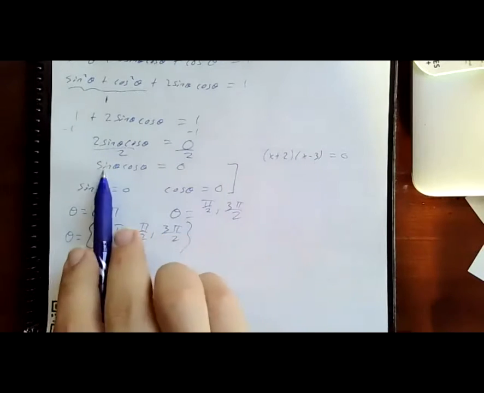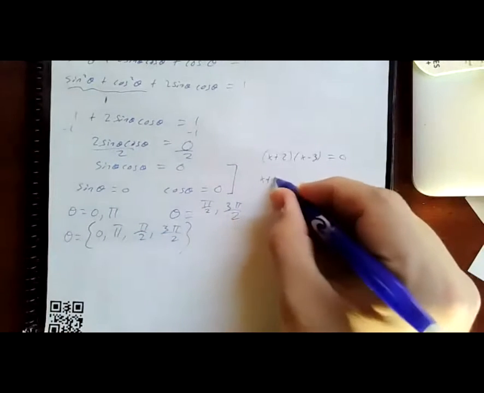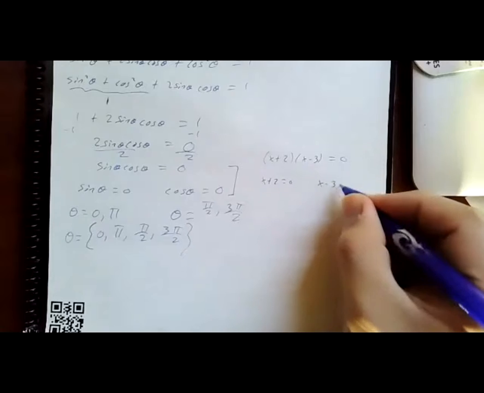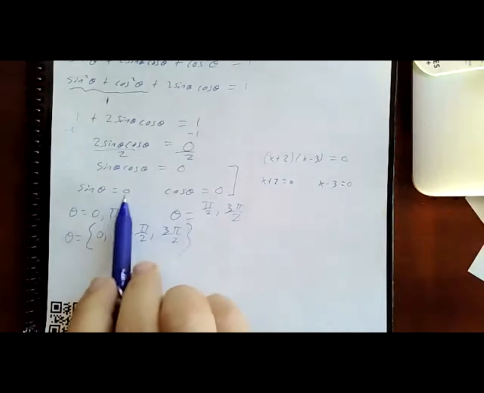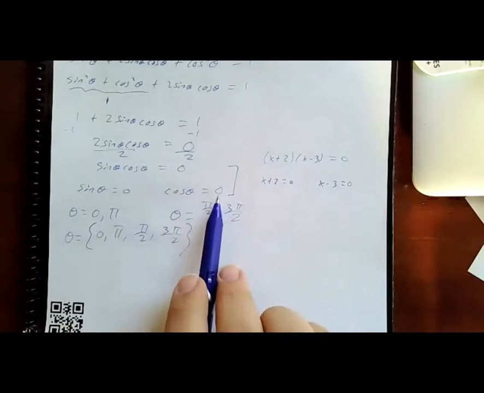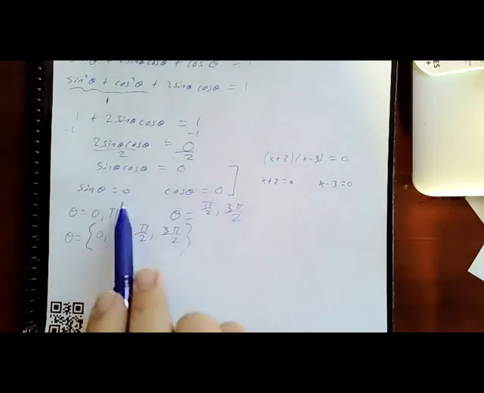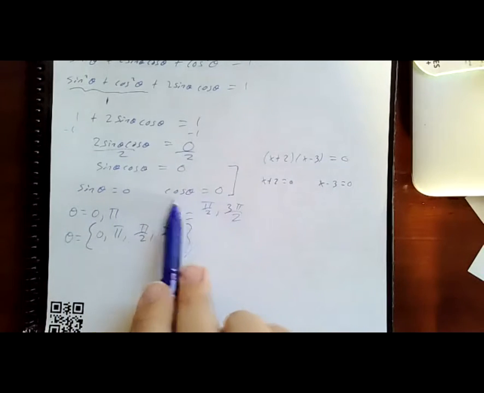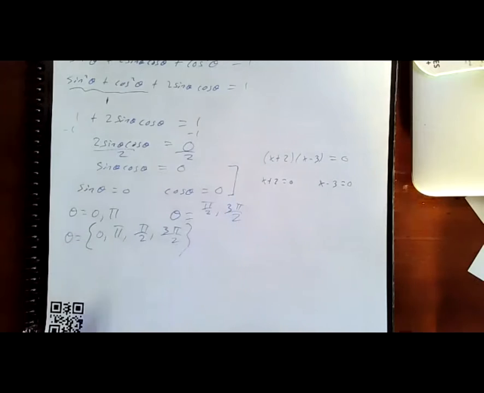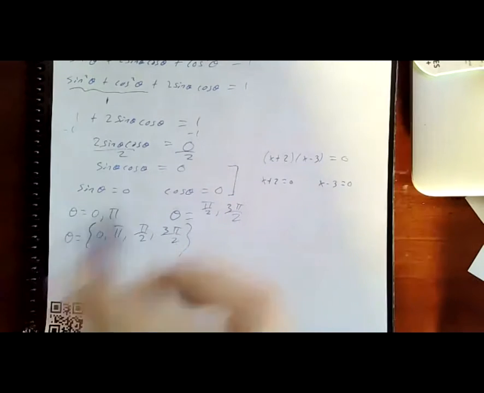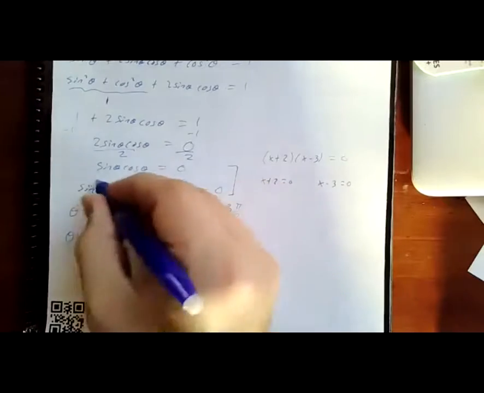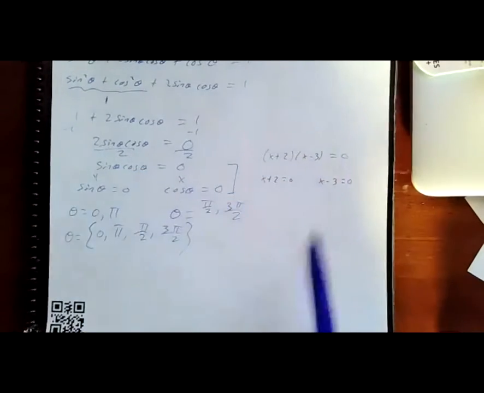Sure. So it was the same deal here. So you would say, oh, x plus 2 is 0, x minus 3 is 0. So we did sine theta is 0, cosine is 0. So then the question becomes, what angle makes the y value 0? What angle makes the x value 0? Oh, so we know that sine is x and cosine is y. Well, this one's x and this one's y. Oh, that will always be true. Okay. Thank you. Yeah, no problem. That's how it's defined.